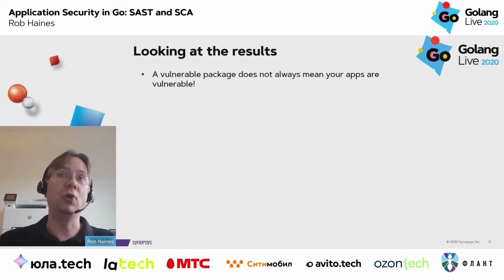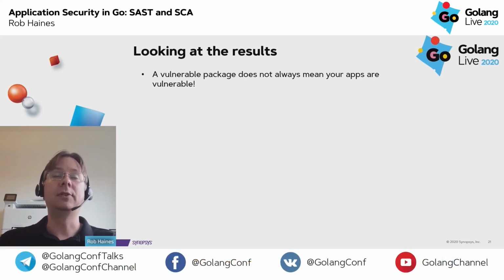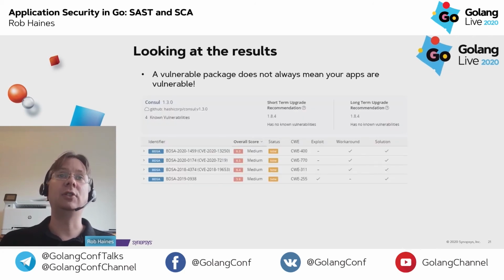Therefore, you don't need to take any action. The same is true with some of the larger open source packages for web applications. There might be a vulnerability in some templating function, but you're just using a REST API and it doesn't apply to you. So whenever it comes to looking at security results, it's important to actually go through and look at what is being created, what vulnerabilities are there, and whether or not you actually need to fix them.